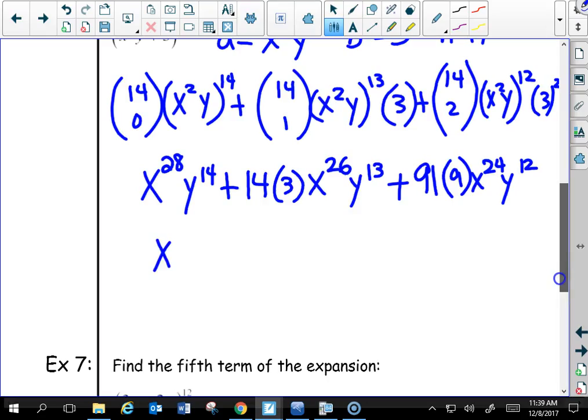Let's simplify the multiplication. 3 times 14 is 42, and 91 times 9 gives me 819.